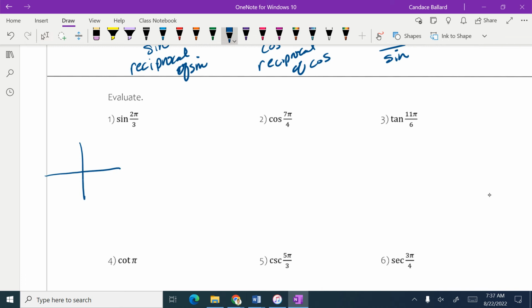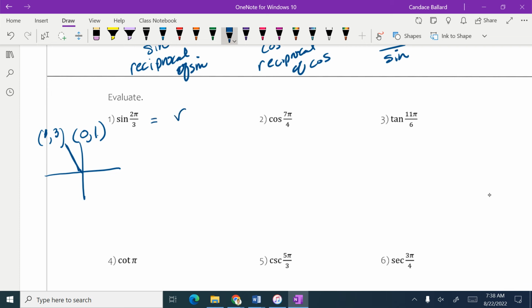Do we have a good idea of what quadrant 2 pi over 3 is in? It's in quadrant 2, right? It's right here. I know that this coordinate here is out 0, up 1, which means the x value is what in this coordinate? If that's a 0, this has to be 1, and if this one's 1, the other has to be square root of 3. The 1 and the square root of 3 always go together. Assign the x values or the y values? Y values.